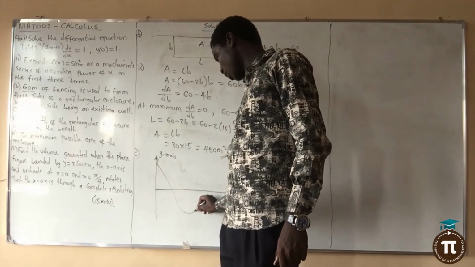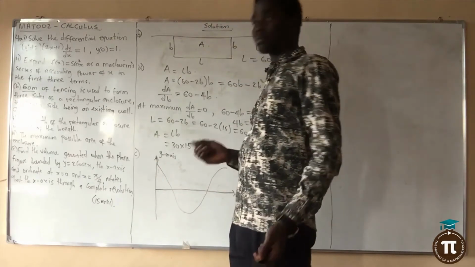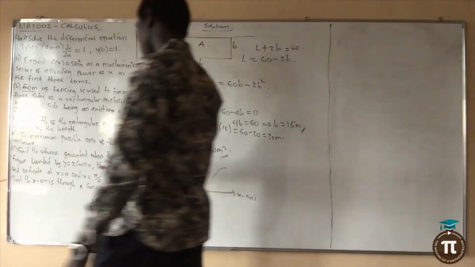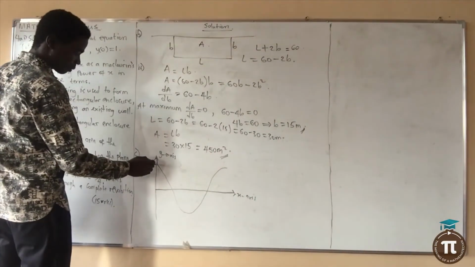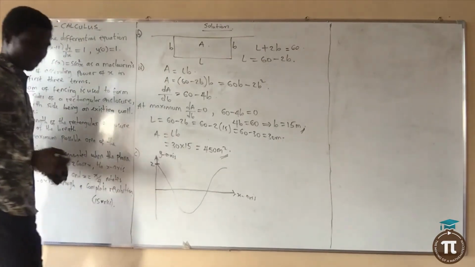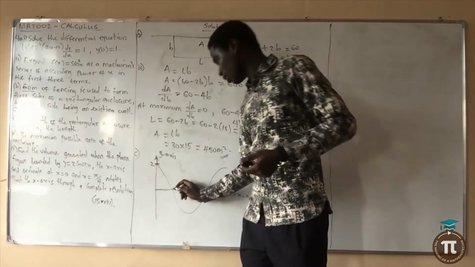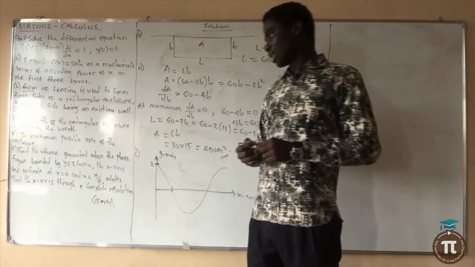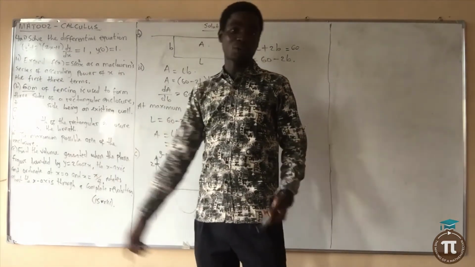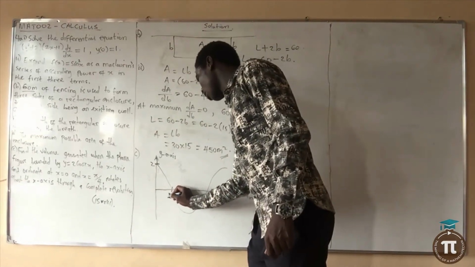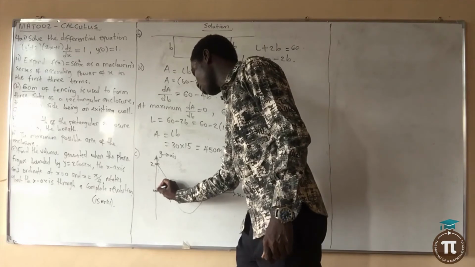If you want to draw the graph, this is how it will look. That is a graph of cos x. But since it's 2 cos 2x, this place will be 2. And where cos 90 is 0, that means when x is 45, that's pi over 4. I have pi over 4 here, and on this place I have 0.